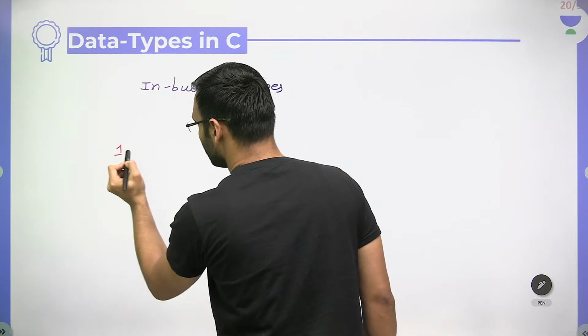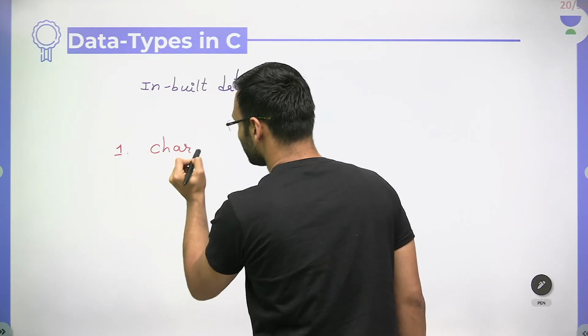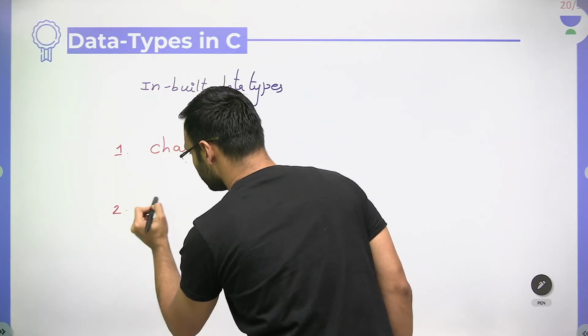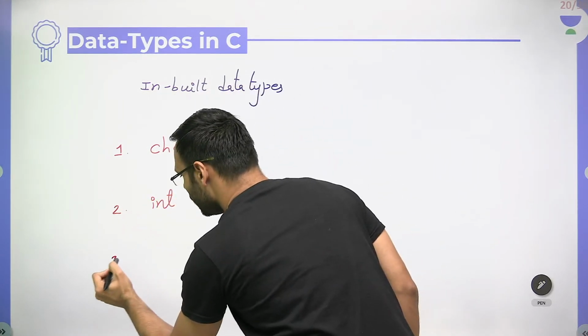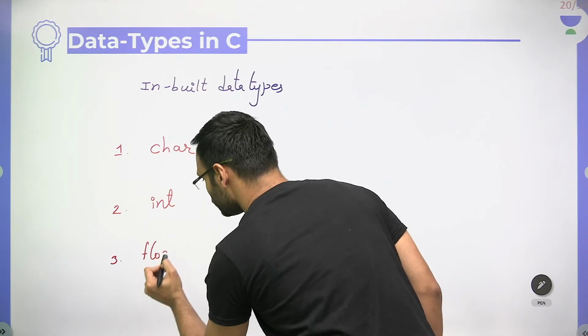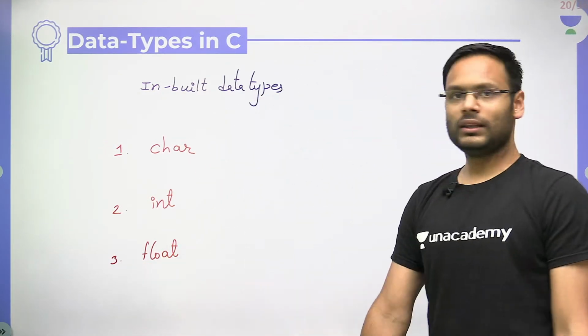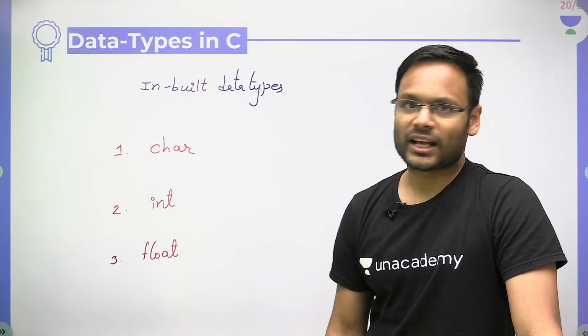First one is character, second one is integer (int), and the third one is float. These are the three basic data types.